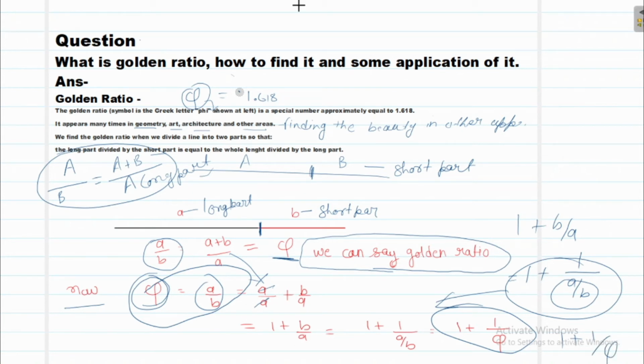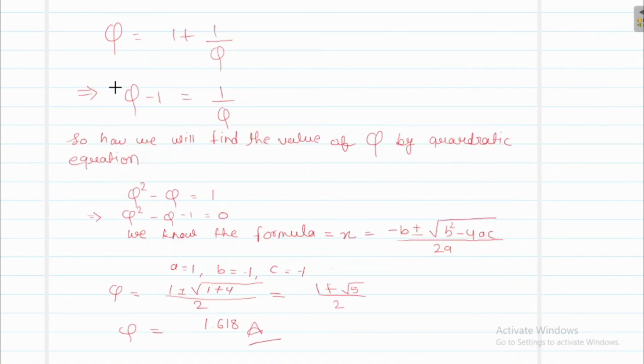Now, second, we have written the value of phi, or we can solve it further. So we find phi minus 1 is equal to 1 upon phi. Now we will find the value of phi by the quadratic equation.